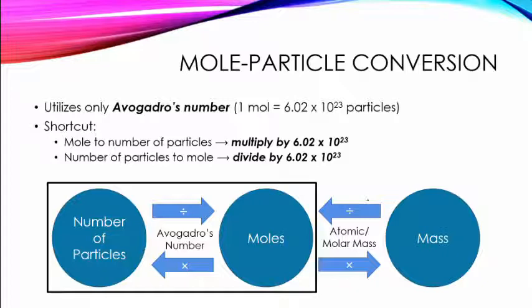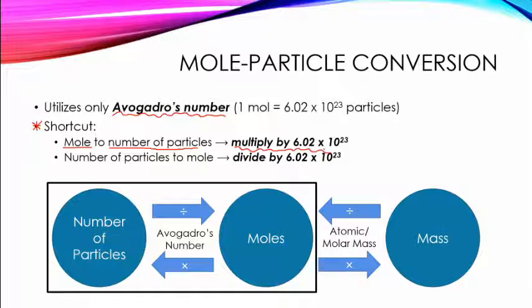And we're only using Avogadro's number here. Okay, so here's your shortcut. This is something I would star, I would highlight. This is what you want to come back to. If you start with moles, and the question asks for the number of particles, you will multiply by Avogadro's number.